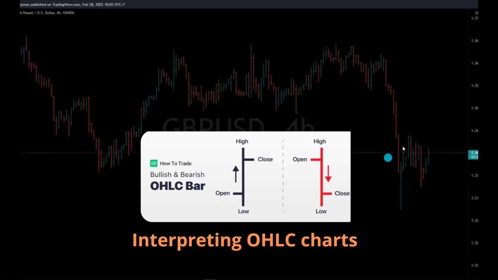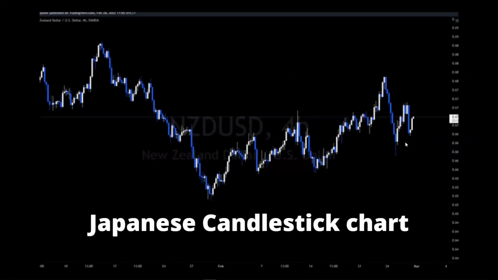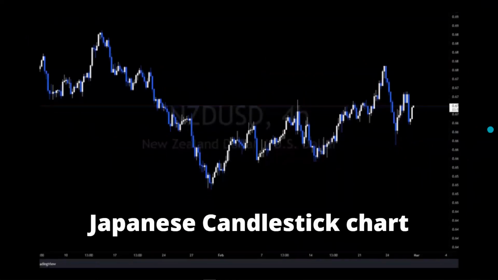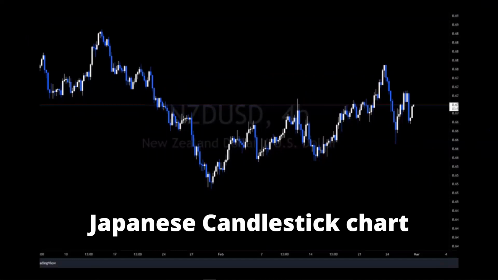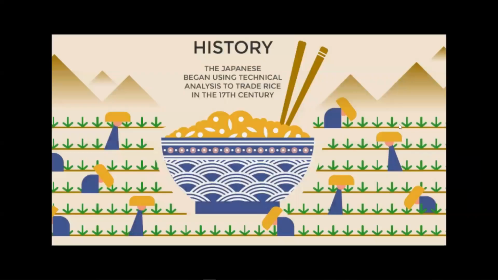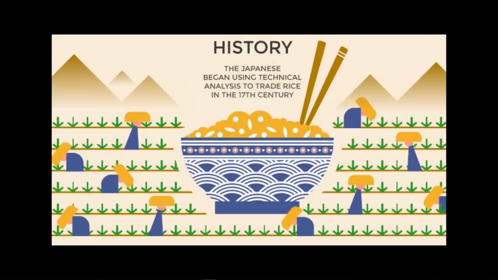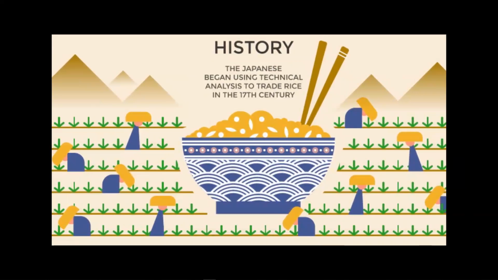Now, it's time to look into the next type of chart, the Japanese candlestick charts. Candlestick charts originated in Japan over 100 years before the West developed the OHLC bar. In the 1700s, a Japanese man named Homma discovered that while there was a link between price and the supply and demand of rice, the markets were strongly influenced by the emotions of traders.